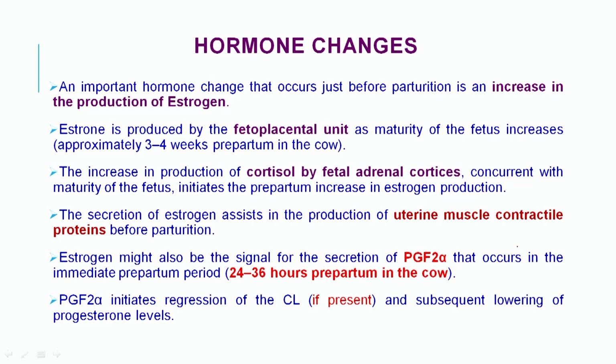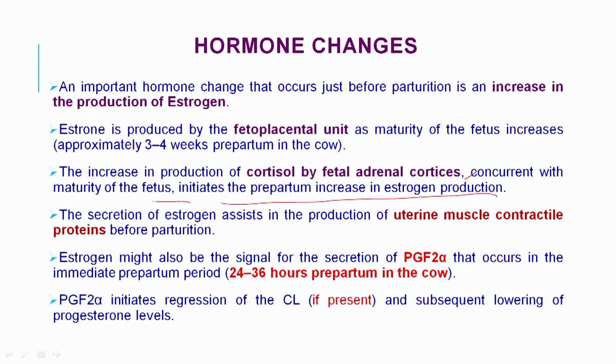Progesterone concentration decreases. The fetoplacental unit produces the estrogen 3 to 4 weeks before parturition in cows. An increase in the production of cortisol by the fetal adrenal cortex, concurrent with the maturity of the fetus, initiates the prepartum increase in estrogen production.